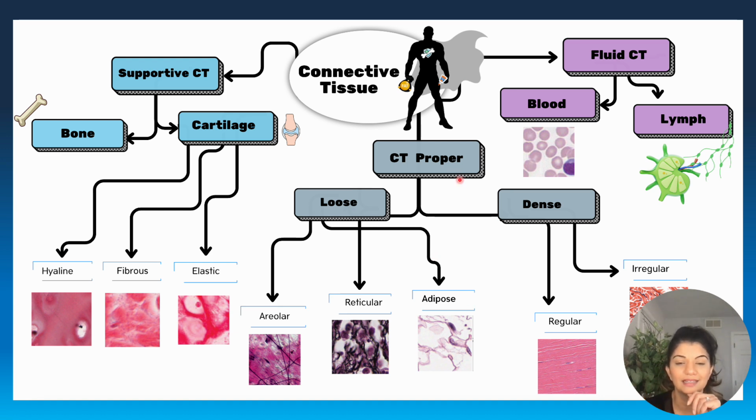And then we've got connective tissue proper, which is dense. Remember, we've got regular and irregular, and you could actually add another subcategory here, right? You could put dense regular elastic or dense irregular elastic, and then add some information of where you might find that. Then we've got fluid connective tissue, which was the last category we discussed. And here we've got blood and lymph.